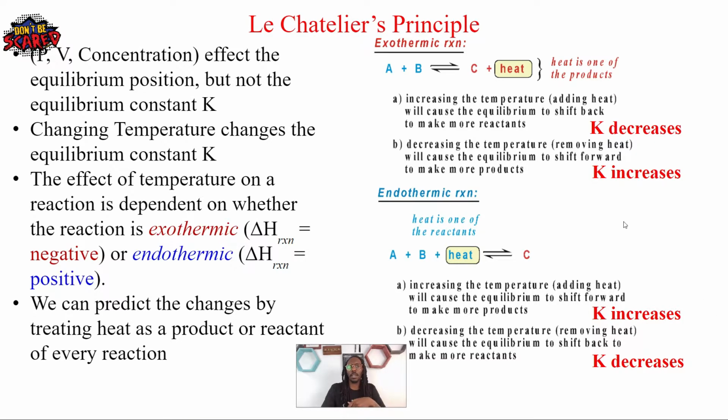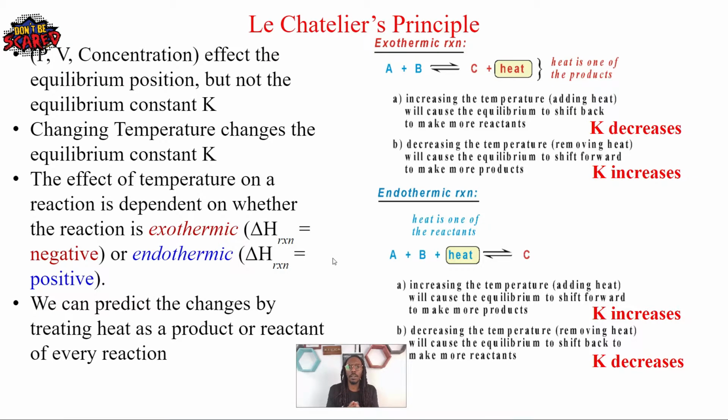Another thing you need to understand is, if you got an exothermic reaction, your heat is a product. Once you know your heat is your product, just do it like we did earlier. If you add products, that's going to determine where you shift. If you take away my product, that's going to determine where we shift. Same thing with endothermic.